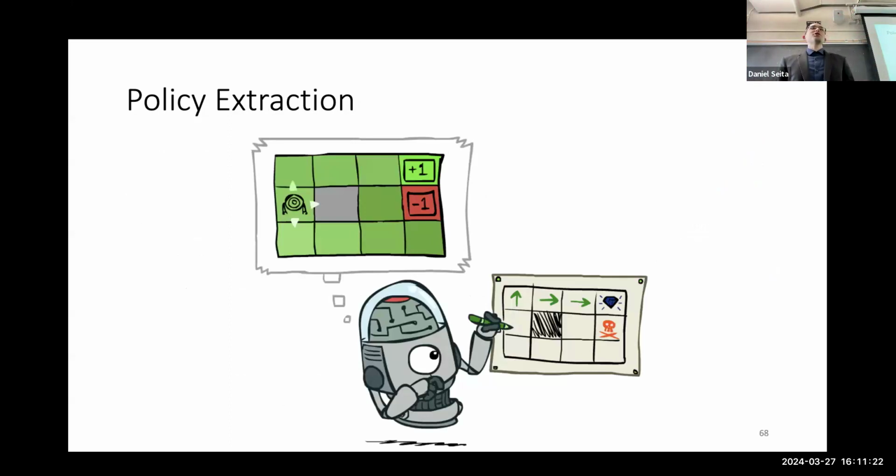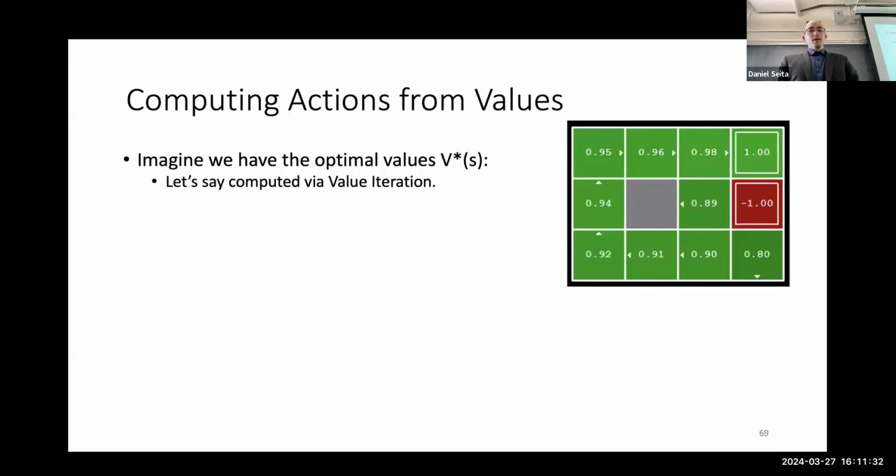Policy extraction. Now we have some values, so let's get the policy from them. Imagine you have the optimal value V star for all the states that are here. So here are some values, and I'm just going to tell you these are the optimal values. Sure, it depends on some choice of discount, noise factor, and so on, but let's just pretend that those are the optimal values.